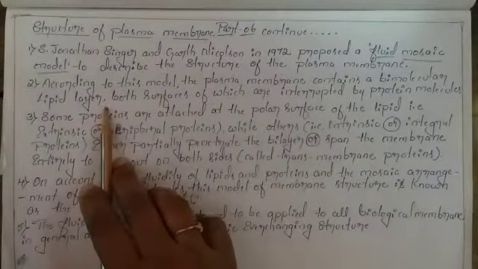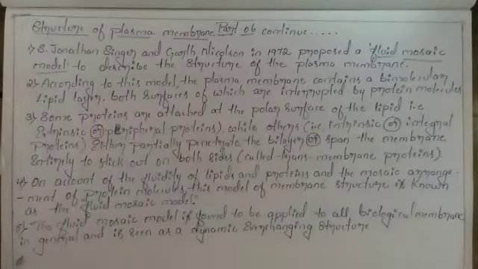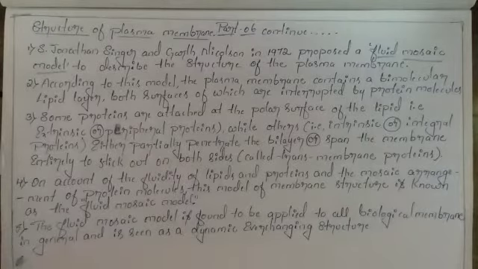Bimolecular lipid bilayer. Students, let me draw a separate sheet so that I can show you what it is. Actually, I have drawn the diagram. Let me explain first and show you the diagram.